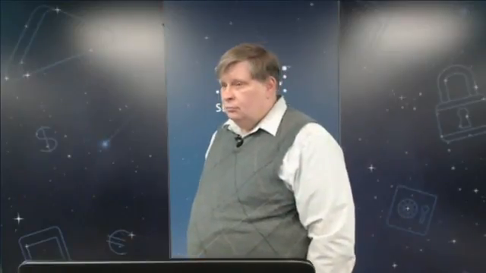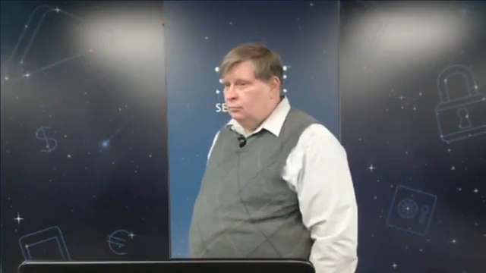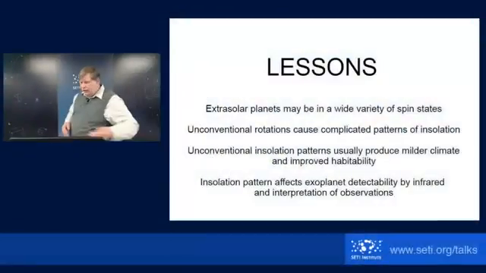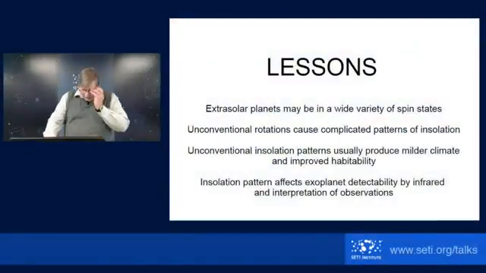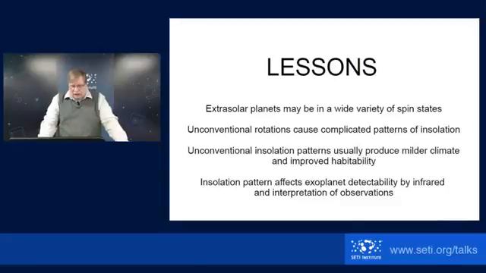My question was also about lesson number 3. Is there any program to actually produce global climate models for such weird insolation patterns? There was a first attempt, actually, that just came out. Let me just see whether I can flip to it.